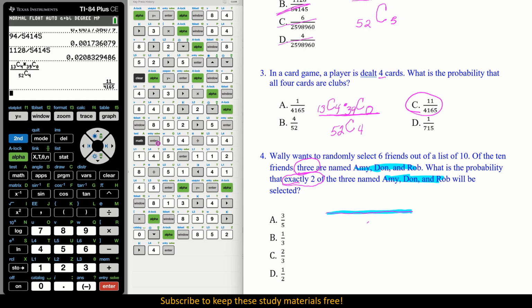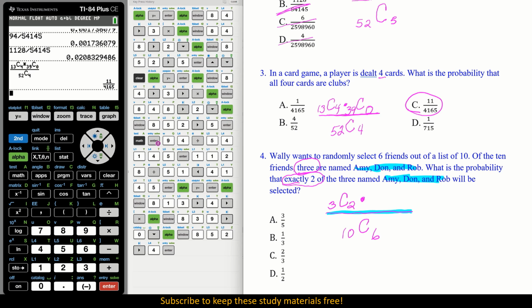Okay, so let's see. I had 10. I'm going to pull out 6. Now I'm going to focus on those 3 people. So we've got our 3.